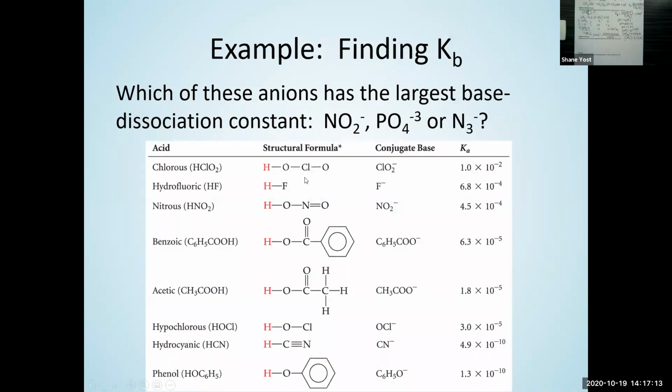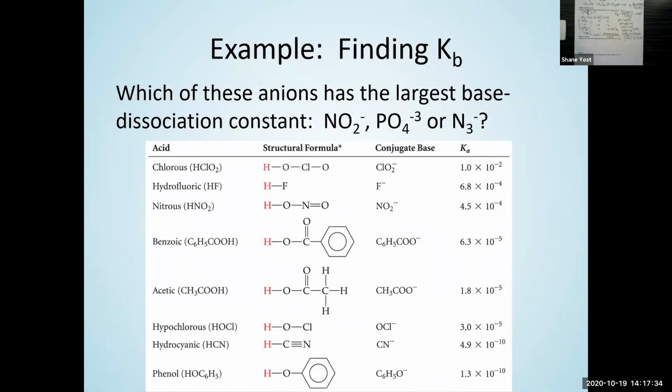So for the next example, the data isn't given in the handout, but I'm going to post it on the slide here. You have a bunch of weak acids listed with their Kas, and their conjugate bases are given as well.